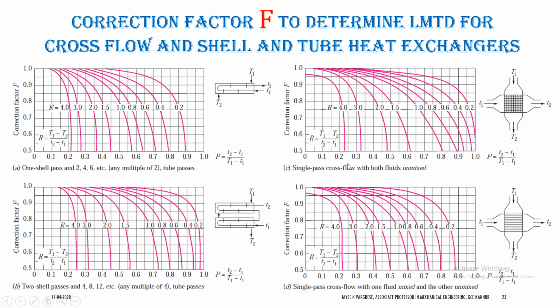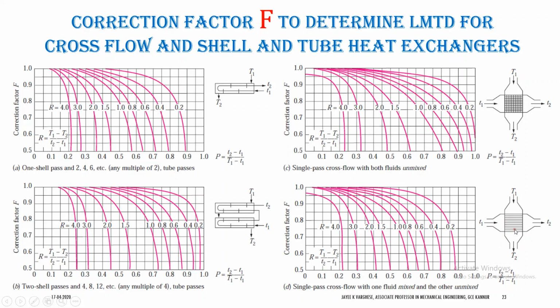And if it's a cross flow heat exchanger, we have two more. Single pass cross flow with both fluids unmixed. If you remember our first video lecture, this is single pass cross flow with both fluids unmixed, and this one is single pass cross flow with one fluid mixed and the other fluid unmixed.